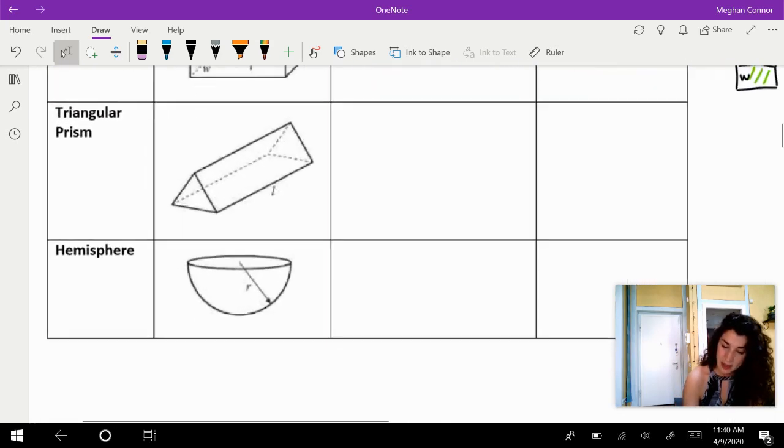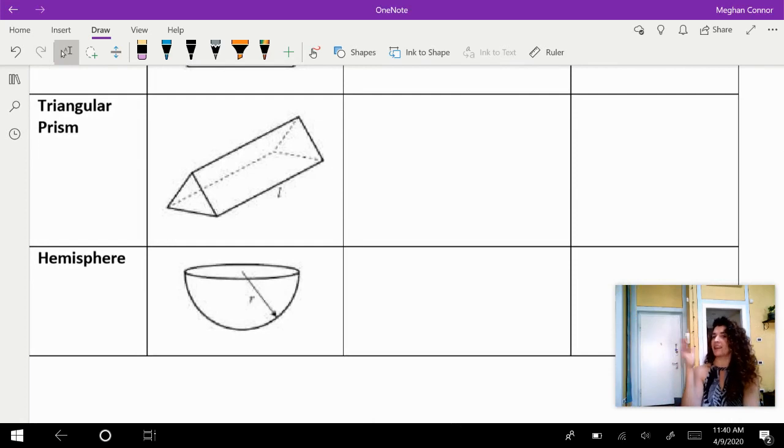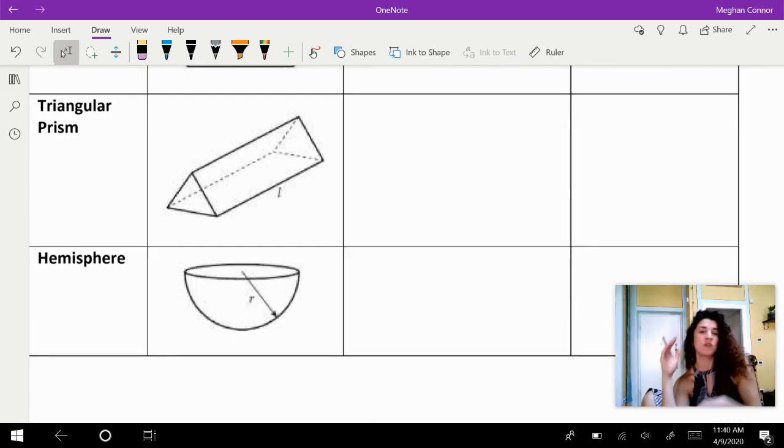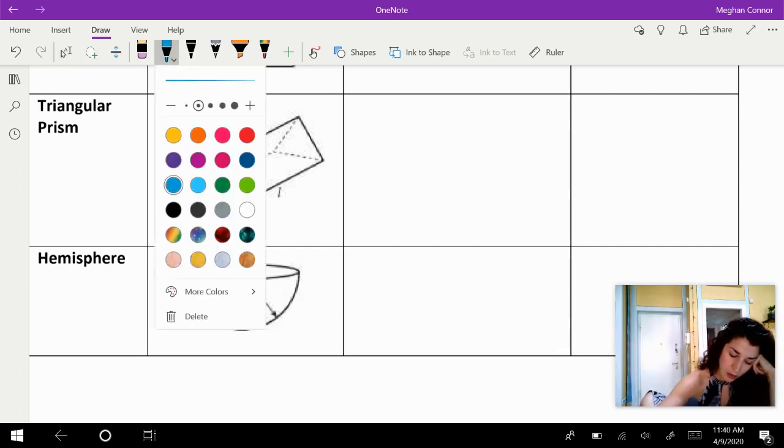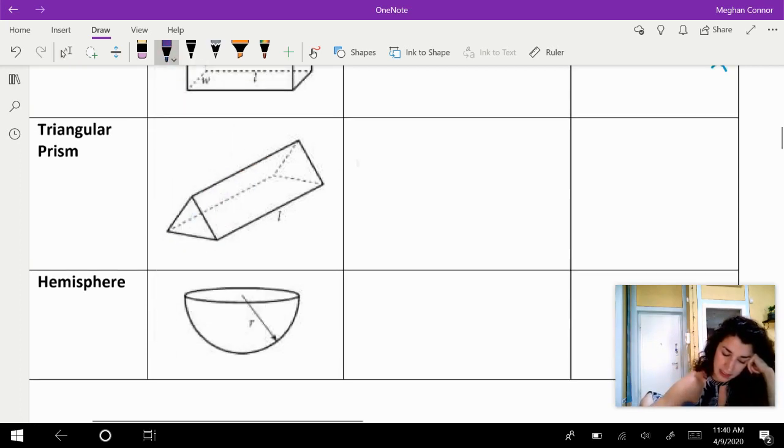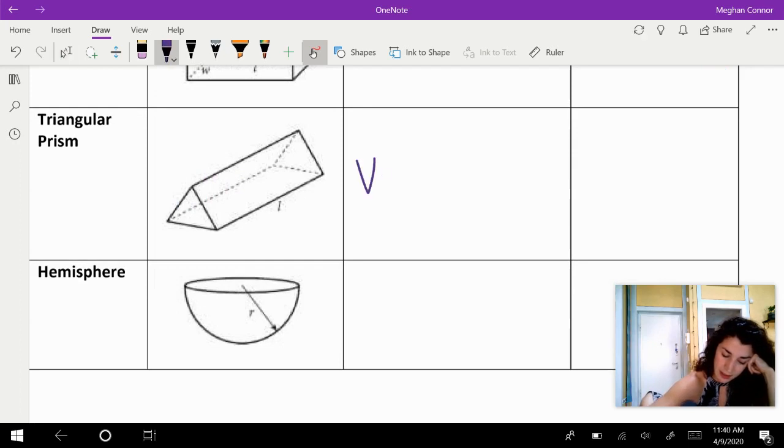Okay, we have another prism here. It works exactly the same as our last 2 prisms. We've got 2 bases. They just happen to be triangles. And then we've got the rectangular surfaces around. The surface area of this guy is going to be 2 times the area of the base plus the area of the rectangles.